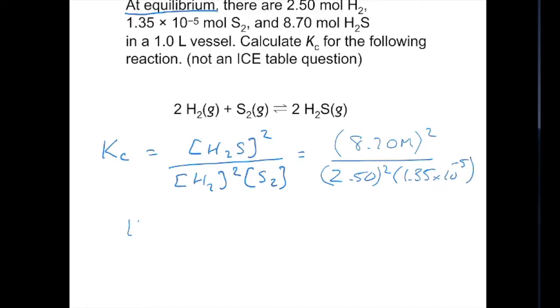So then Kc is going to end up equaling 8.97 times 10 to the 5. Okay, so that's about as simple as I can get, already giving you equilibrium concentrations, only asking you to find what the equilibrium constant is, and remember, equilibrium constants don't have units.